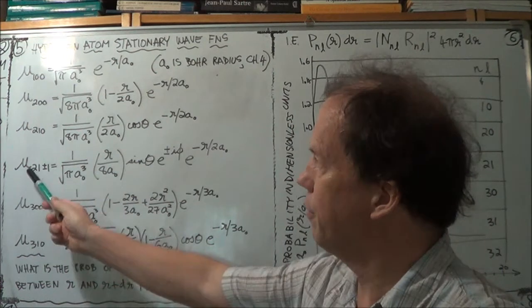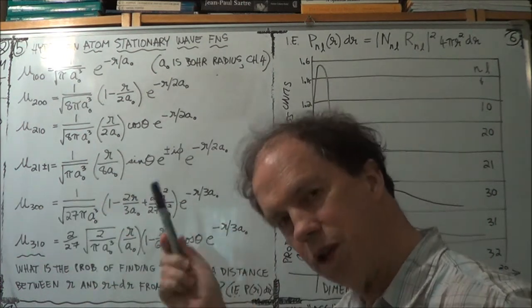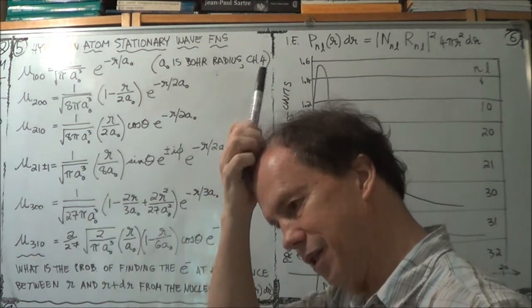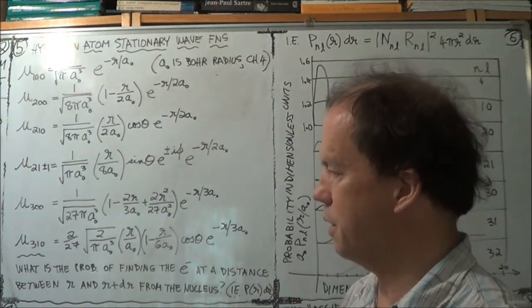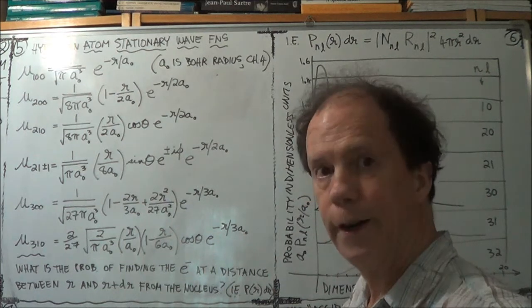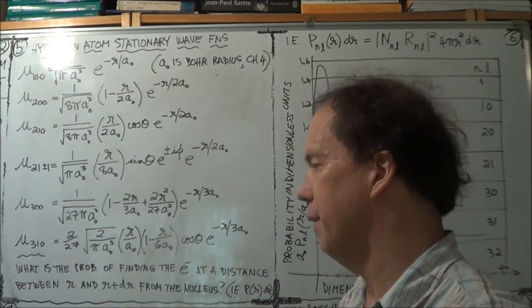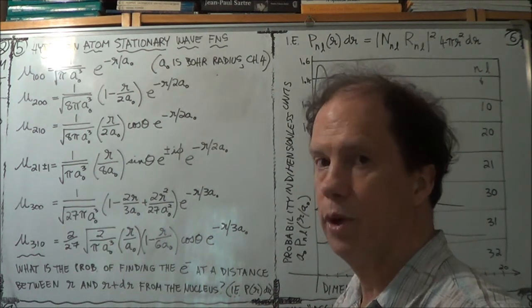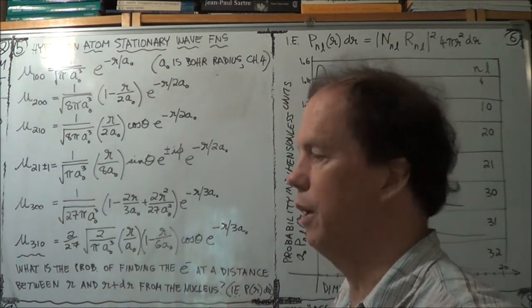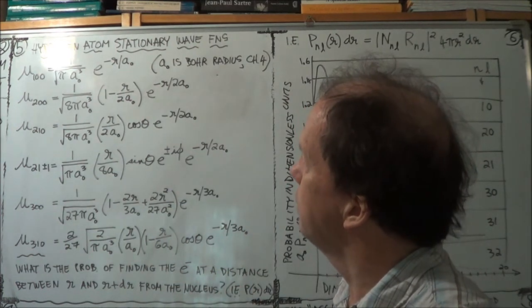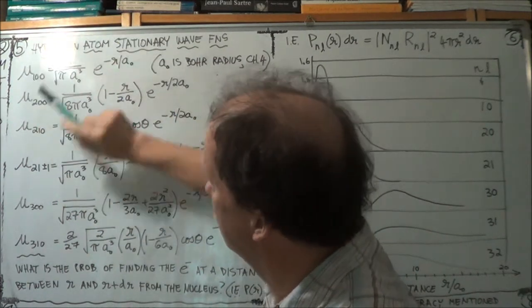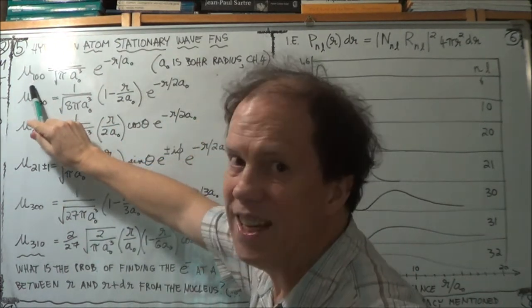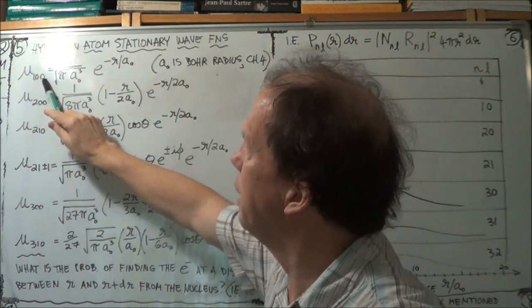And this U effectively is just the product times a normalization factor, just to keep things normalized. But effectively U is just the product of the big R and the spherical harmonics, capital Y, Lm. So convention here is U of n, L, m.